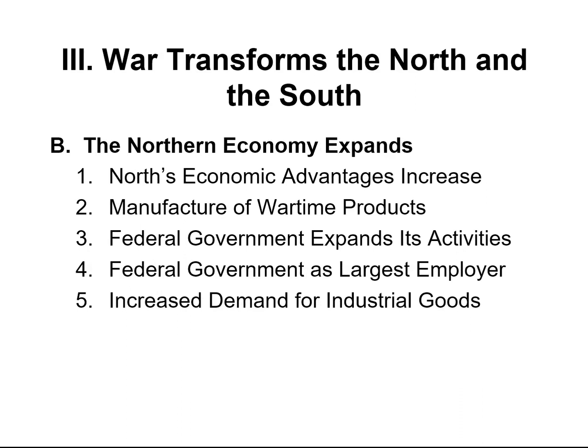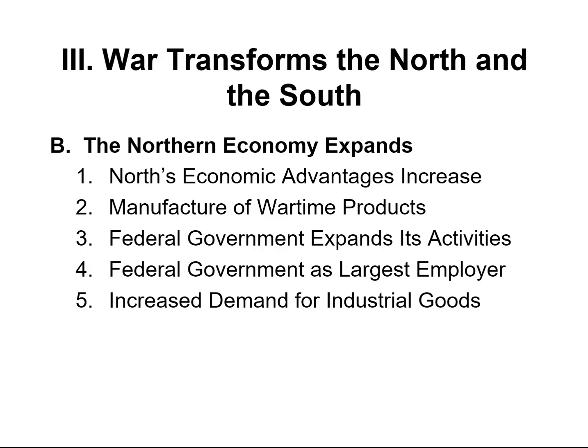The North's economic advantages only increased as the conflict continued. While the war initially hurt the Northern economy due to the loss of Southern cotton and Southern markets, by 1863 the North had rebounded and its economy was flourishing due to the manufacture of wartime products, such as weapons, ammunition, blankets, clothing, shoes, and battleships.